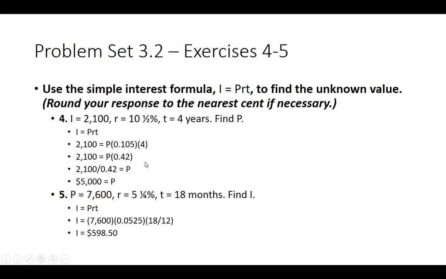So 2,100 equals P times 0.42. We can solve for P by dividing both sides by 0.42. 2,100 divided by 0.42 is 5,000. So $5,000 is P.